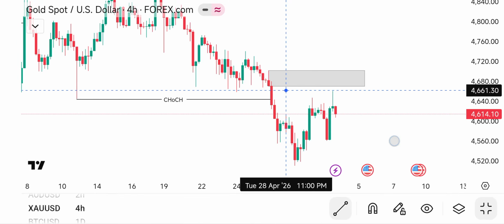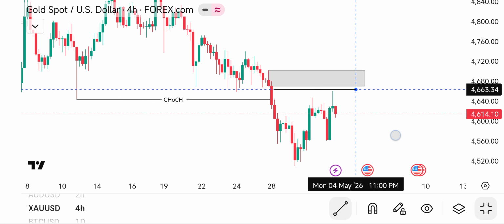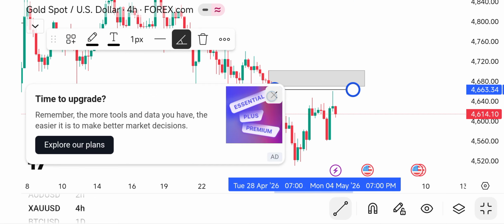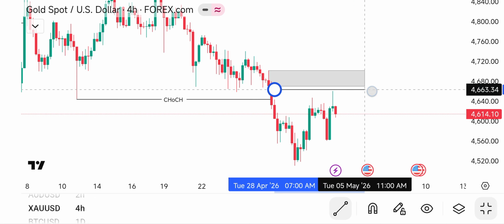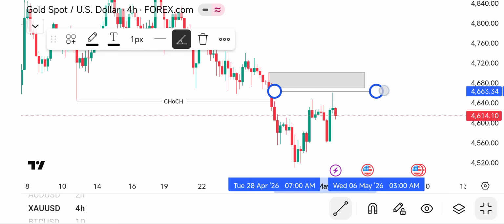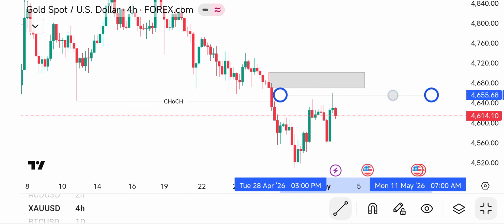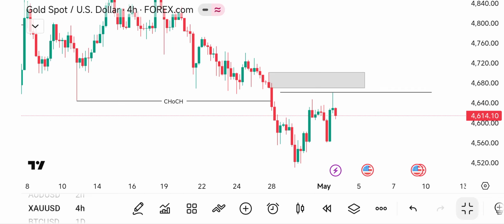Let me show you. So we still have this gap. So this gap inside between this other block and this candle, we still have an imbalance level there.